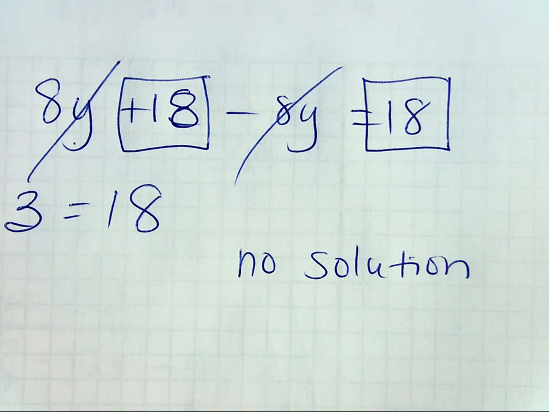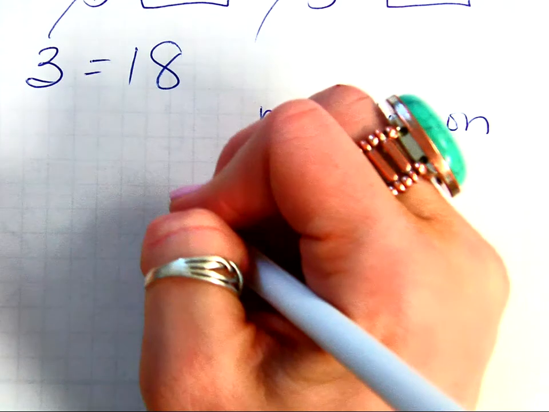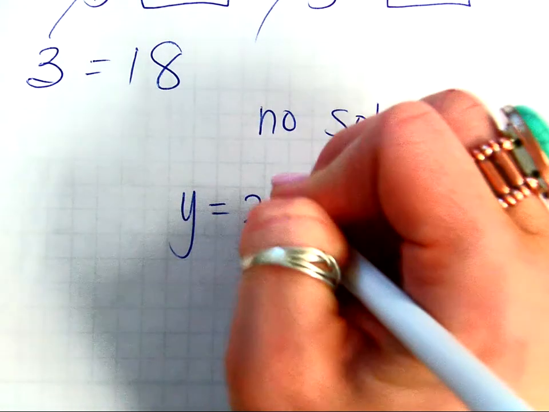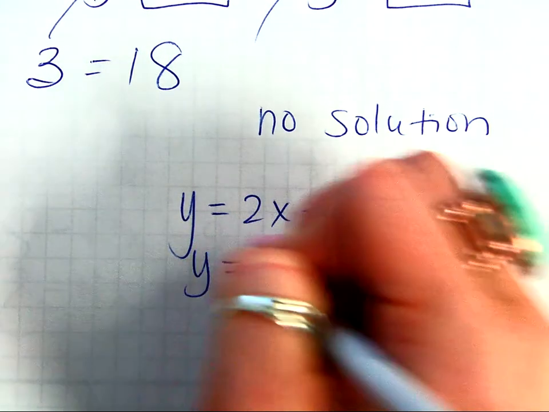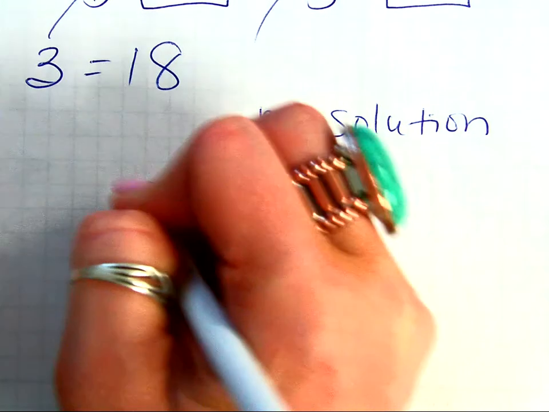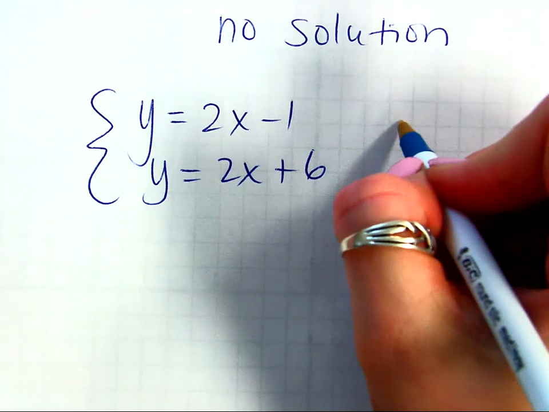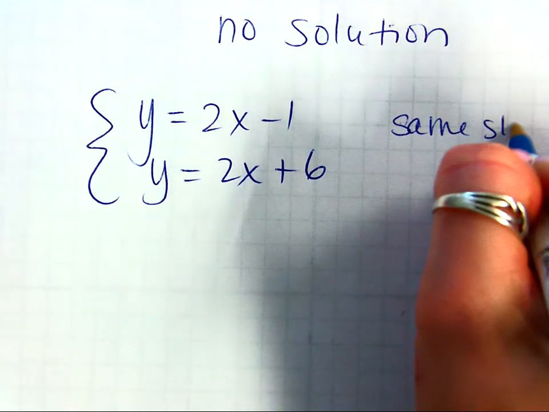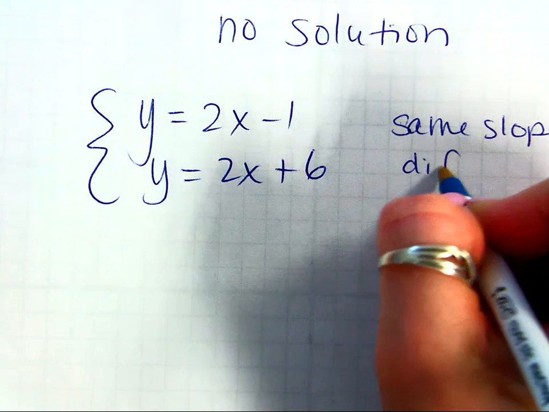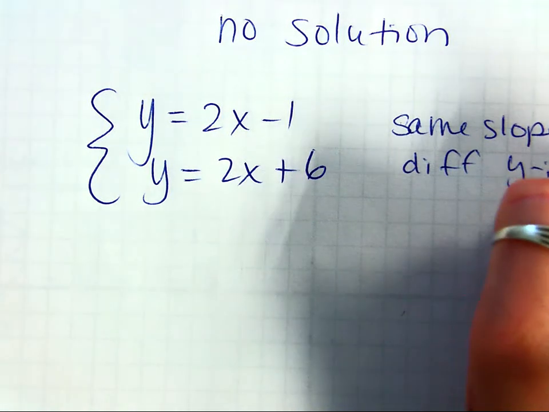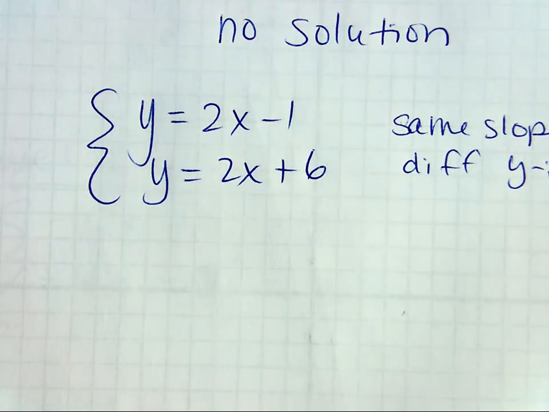Because I want to show you this. y equals 2x minus 1 versus y equals 2x plus 6. This is really important here, actually. So go ahead and write this. Same slope, different y-intercept means parallel, right?